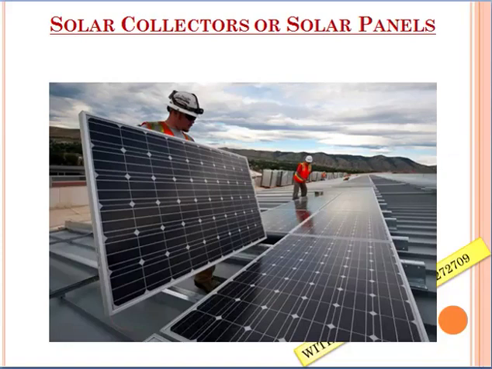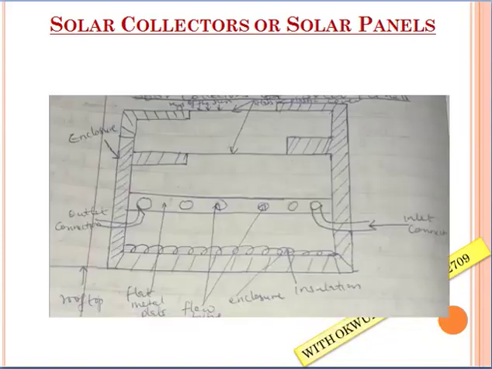It can be used where hot water is needed in large supply. So look at the heated water that passes through the pipe. It can now be stored in your storage tank for use. So that is the principle of operation of this flat plate collector, which we call the solar collector.